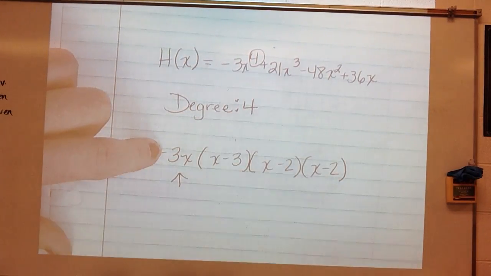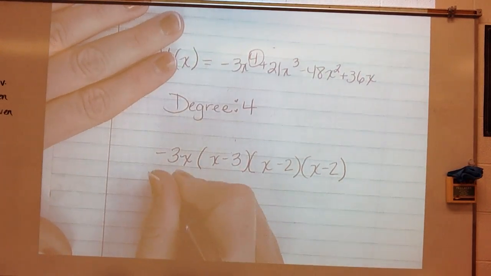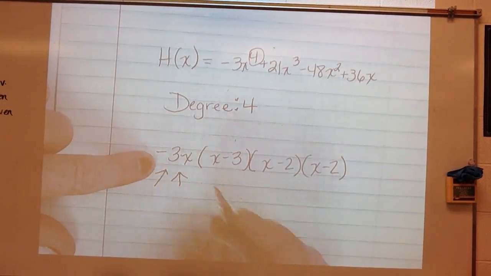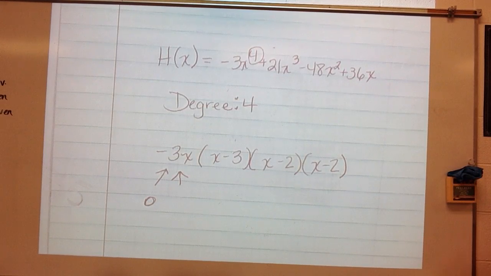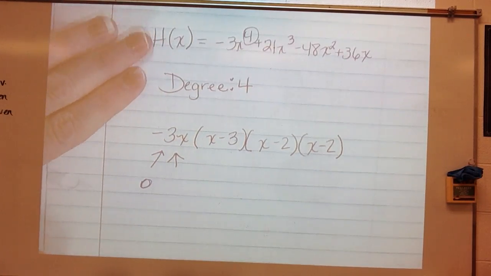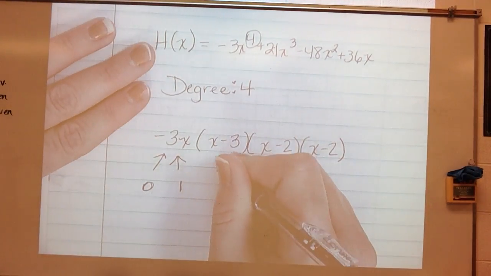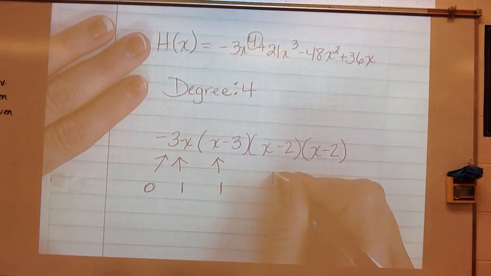So this factor, negative 3, has a degree of 0. It's not raised to anything. X is raised to 1. X minus 3 has a degree of 1.